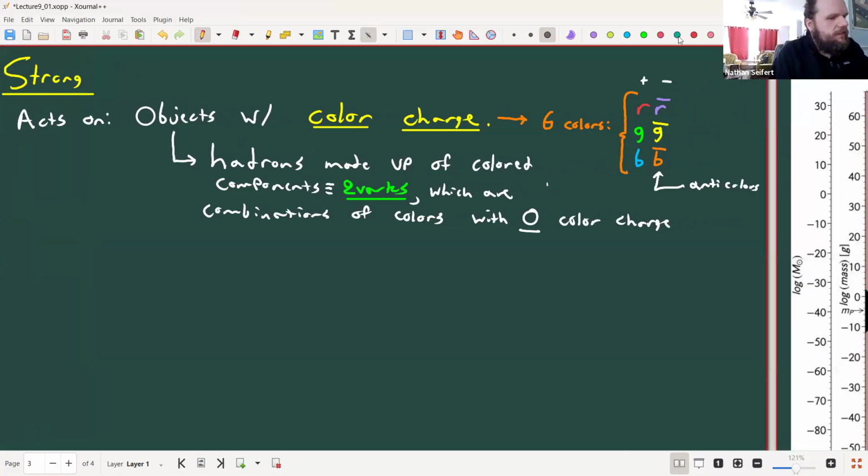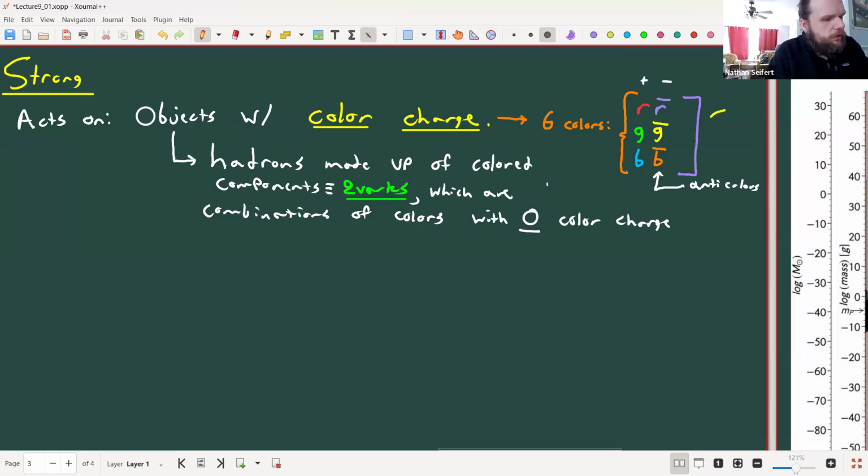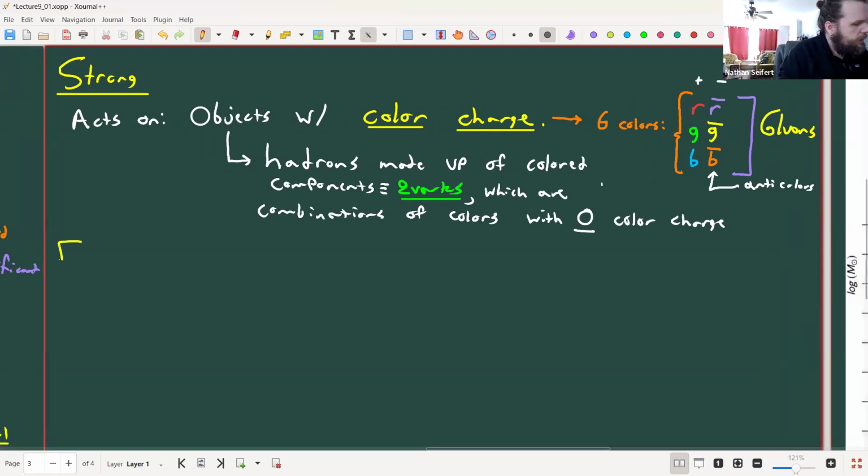All right, and so the idea is these six colors are what are called the force carriers, and they're called gluons. There are six of them. There's a red gluon, anti-red gluon, green minus gluon. And so the force carriers are the gluons.